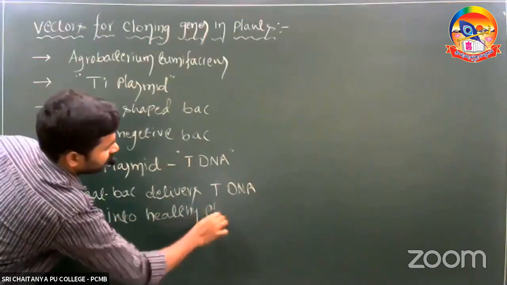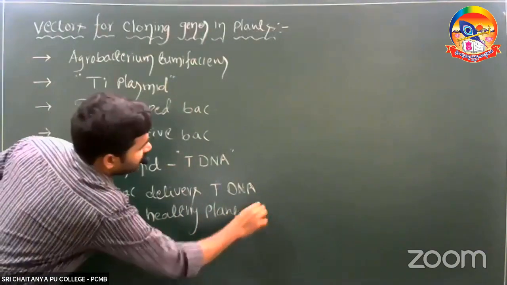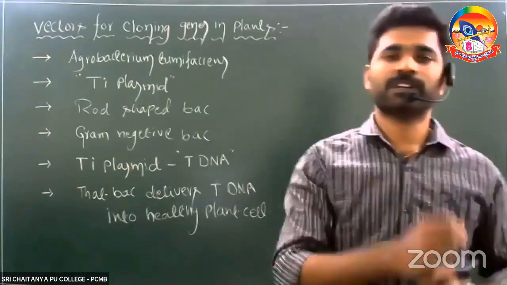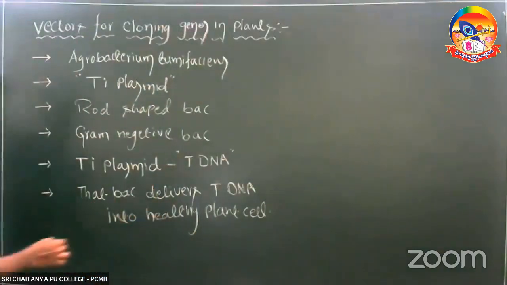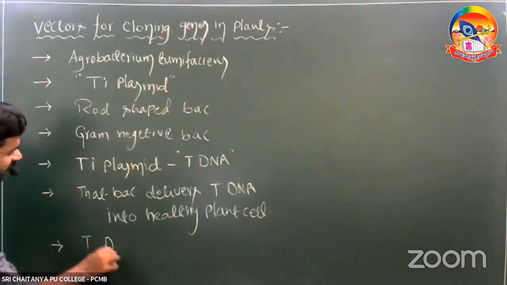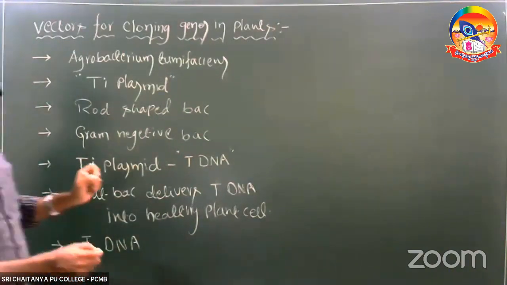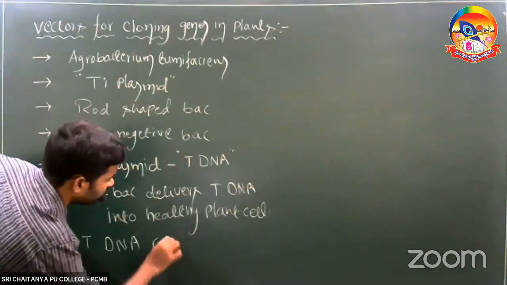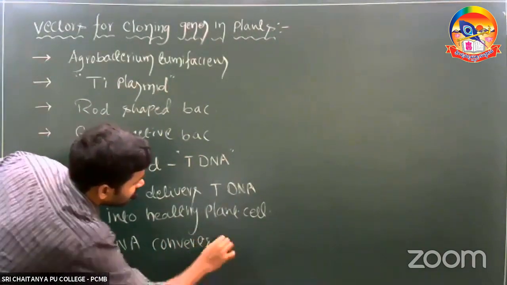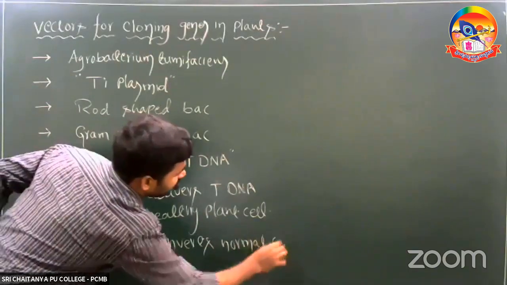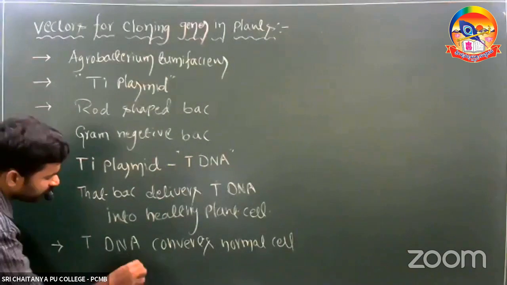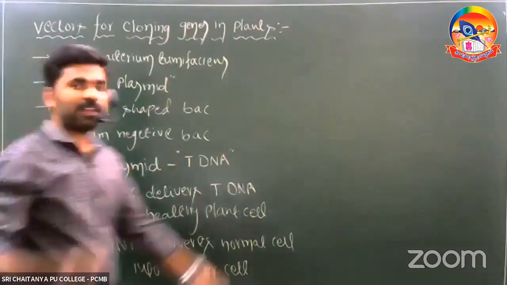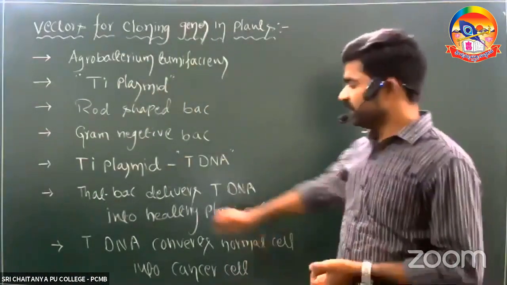Whenever the tDNA enters a healthy plant cell, that normal healthy plant cell is converted into a cancer cell. It means the normal healthy cell is converted into a cancer cell by the tDNA.